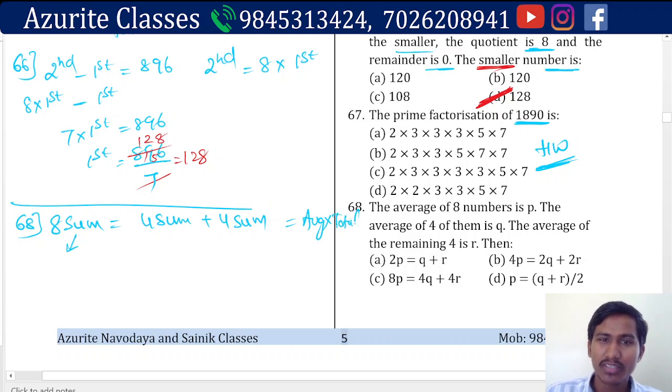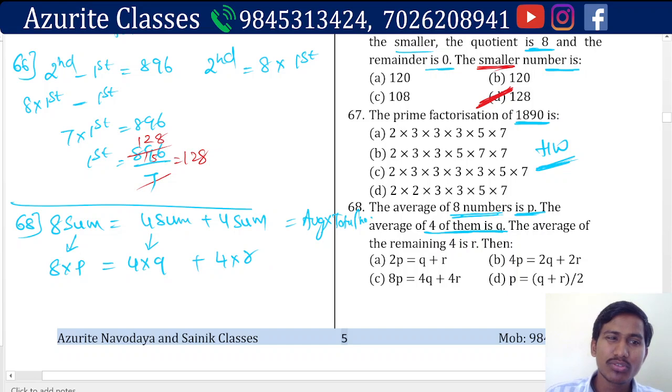There are 8 numbers and the average is P, so 8 into P is equal to the first 4 numbers, 4 into Q, and the second 4 numbers, 4 into R.